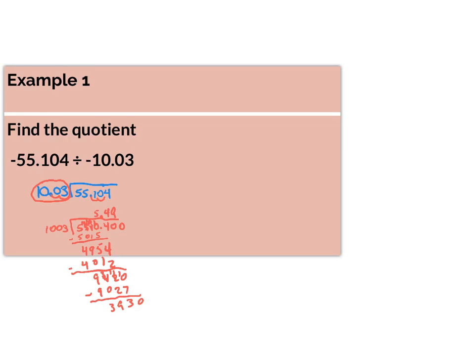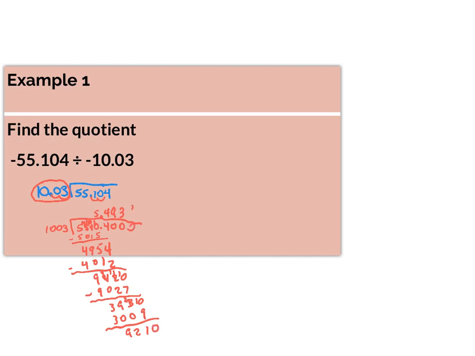And you want to keep going until you see that the number repeats or ends. So 3009. Borrow. 10 minus 9 is 1. 921 is smaller than 1003. So put a 0.